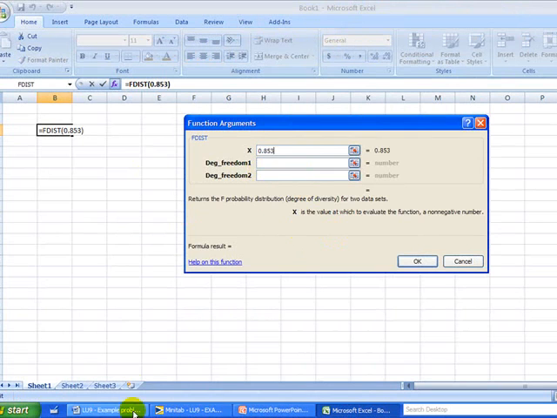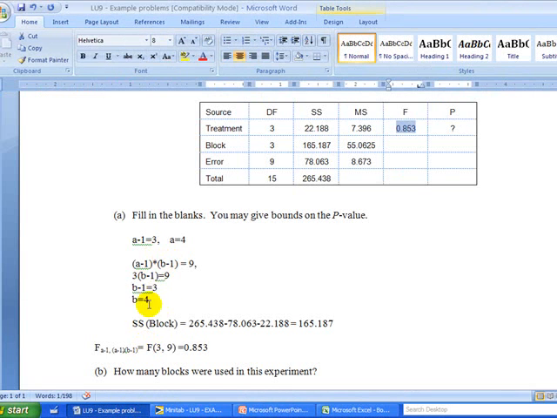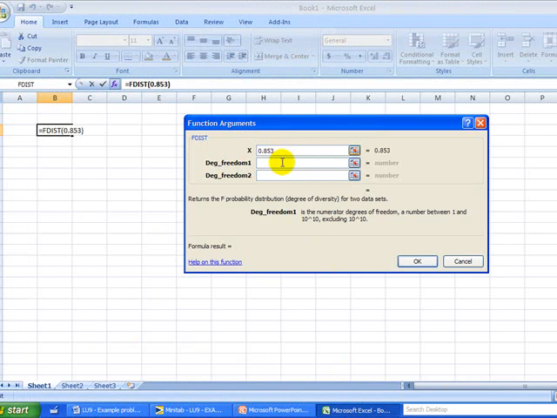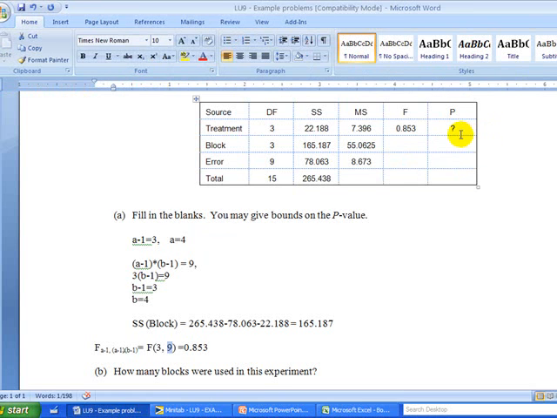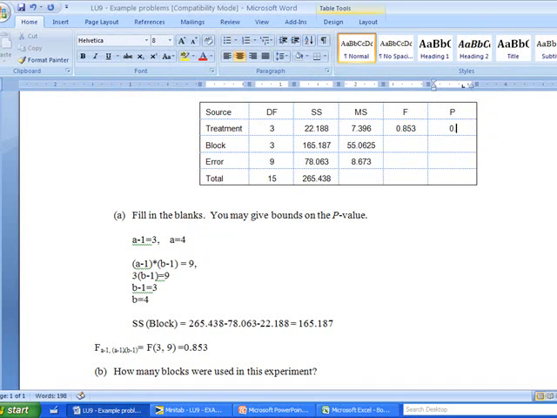First degrees of freedom is 3, right? And second degrees of freedom is 9. So 3 and 9, and I have a value of p, which is 0.5. So I put 0.5 here.